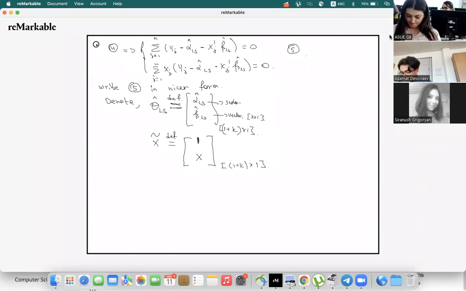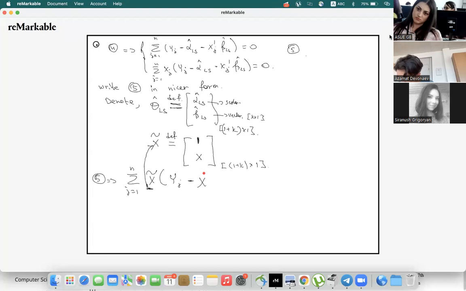So now 5 can be written as the sum of x tilde. You see I'm using this one. It's from here. yj minus x tilde, and here I use theta ls.